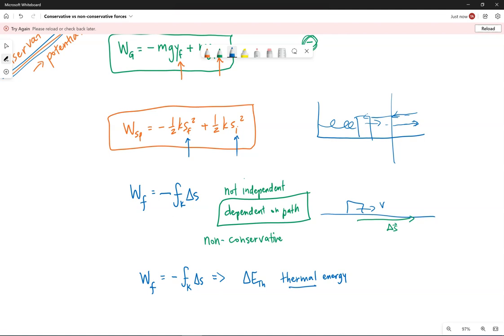So in chapter 10, which is now where we're moving, we're going to be looking at gravity, spring, thermal energy, these things in terms of multiple types of energy.